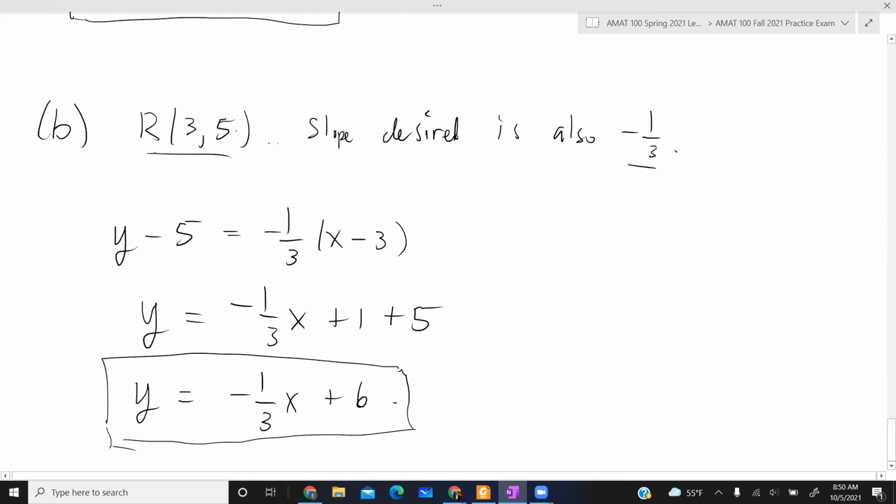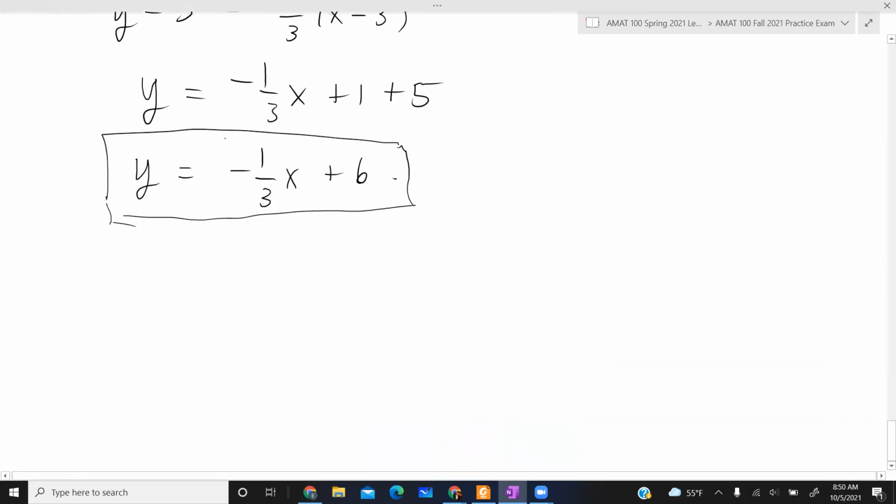So for part B, we use the fact that two lines are parallel if and only if they have the same slope. But there's another fact about perpendicular lines, which you should know.